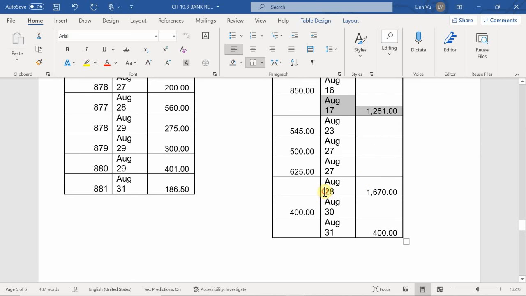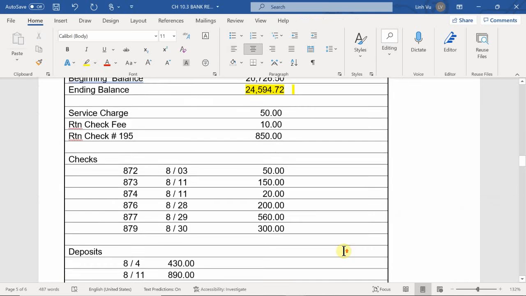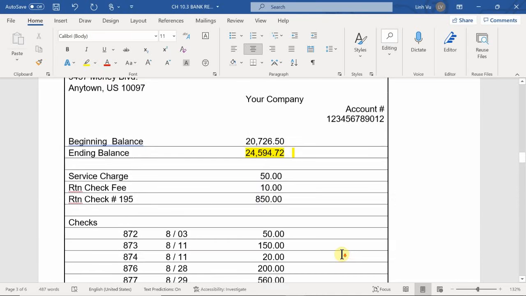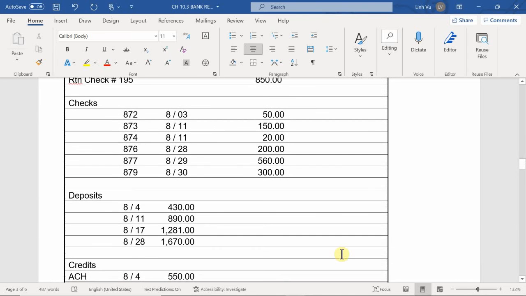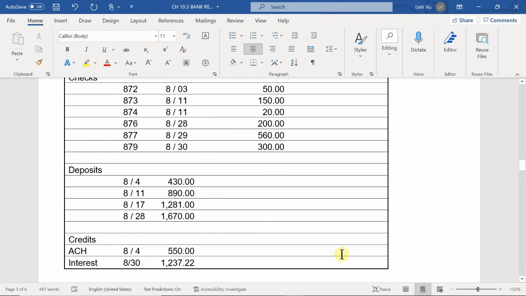I made a deposit on August 28th for $1,670, and then another deposit on August 31st for $400. Okay, so let's go ahead and take a look at my bank statement. Which deposits went through? Or which one am I missing in this case?